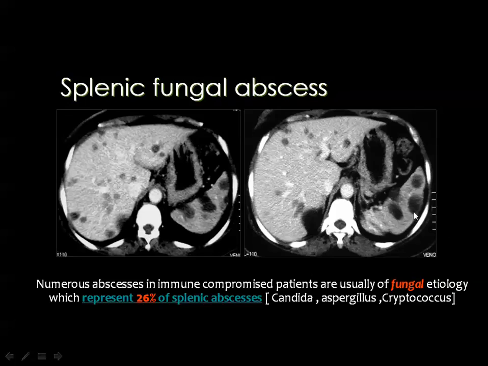But if you see multiple small cystic-like structures within the spleen, one of the good diagnostic possibilities is abscesses, especially of fungal etiology. And the fungal abscesses may represent about 26% of the splenic abscesses.